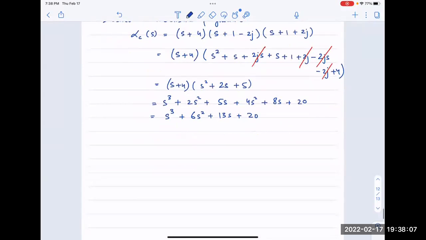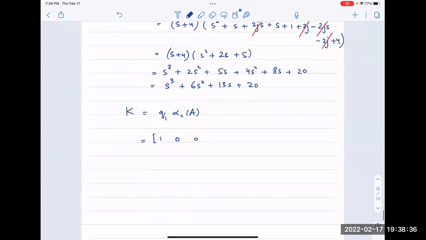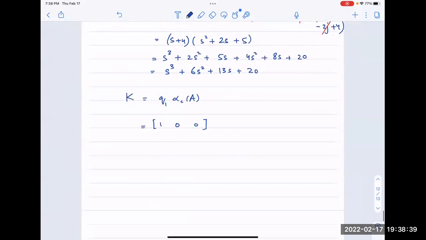So the Ackermann's formula says K is Q1 times alpha C of A. The polynomial has to be operated on the matrix A. So remember, the Q1 will be 1, 0, 0, and they multiply it with A cubed plus 6 A squared plus 13A plus 20I.